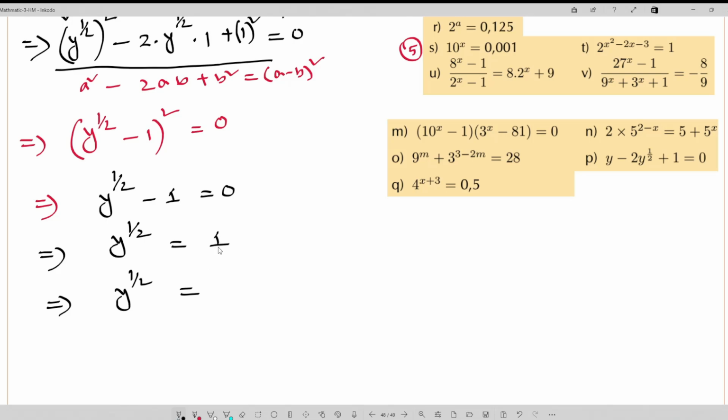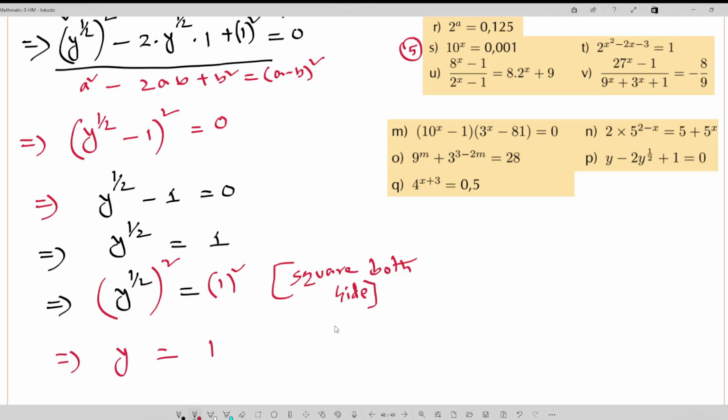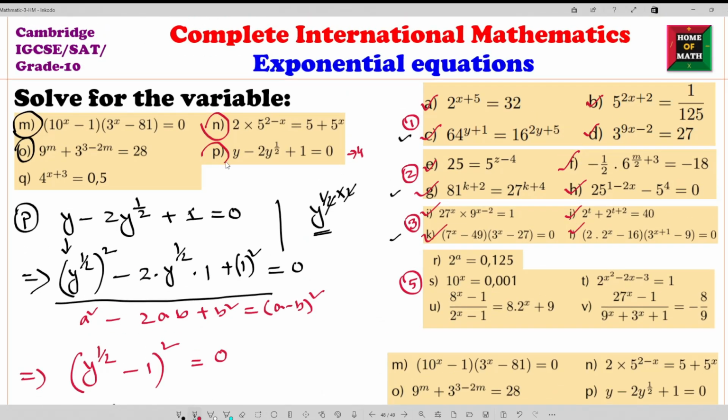So we can do one thing, if we square both sides, so we can write y equals 1, because y to the power 1 by 2, once we square, that time 1 by 2 will be gone, so our answer is y equals 1. So this is our answer. So our number P done.